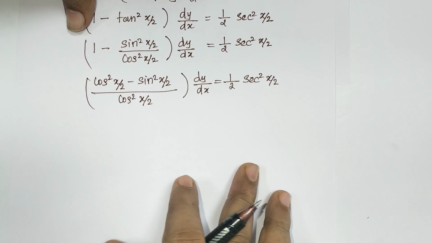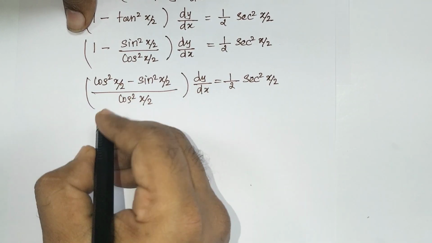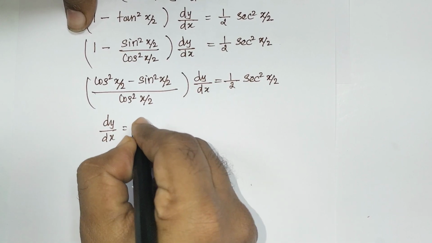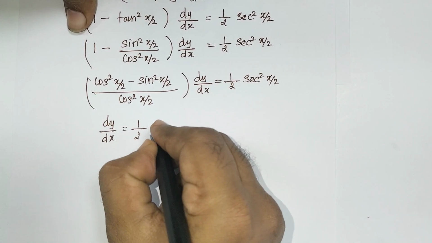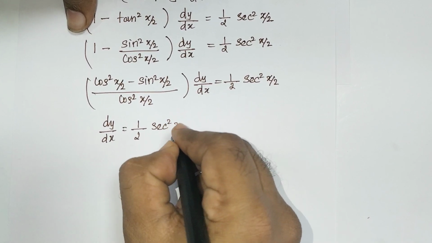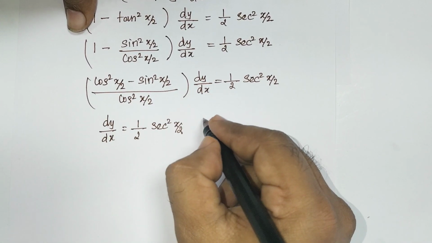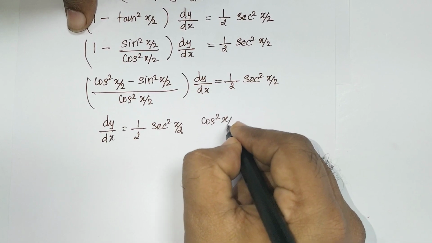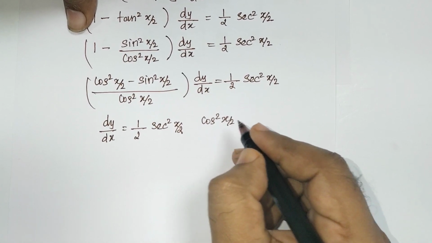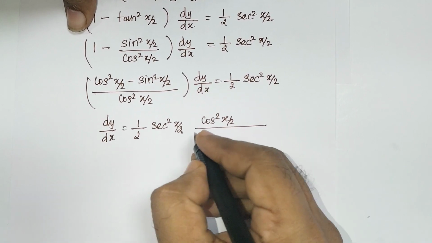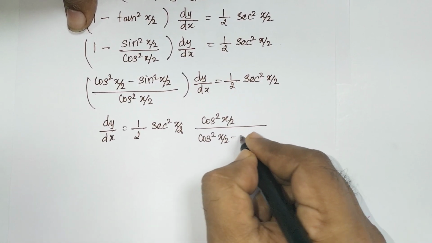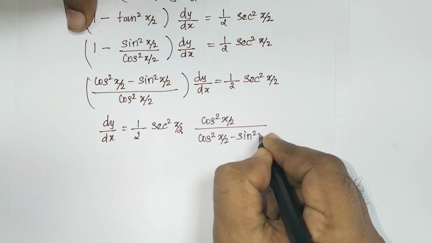So next, shift this term to right hand side, we will get dy by dx equal to 1 by 2 secant square x by 2, and this one I'll write converted to reciprocal, cos square x by 2 divided by cos square x by 2 minus sin square x by 2.